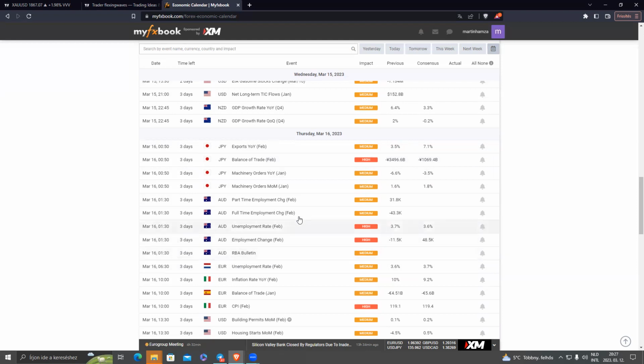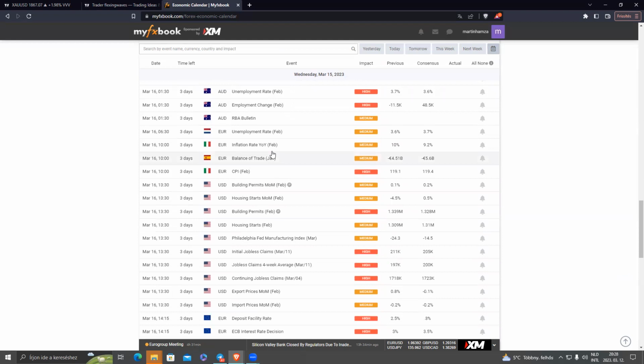After that, the AUD employment change, this will be also interesting in the evening. So Thursday is for the night riders in the team actually.